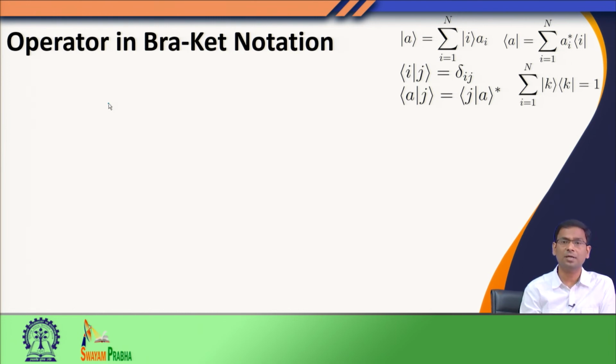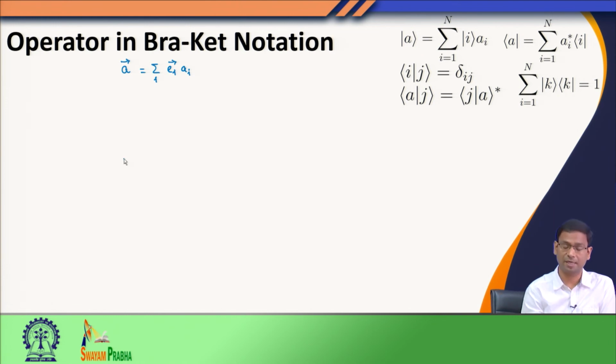Again, we will start our discussion from the Cartesian space that we are very familiar with. Suppose I have a vector A and I do some operation. I define this vector as the sum of e_i a_i, where e_i are the basis vectors or the unit vectors along different dimensions.